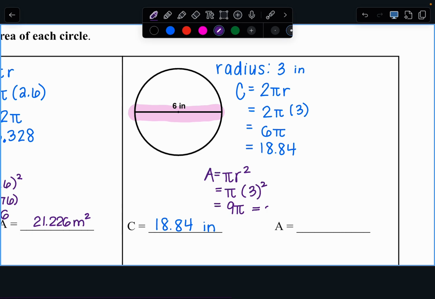And if we actually multiply, that gives us 28.26, and that's in inches squared. Questions on these first two? Okay.